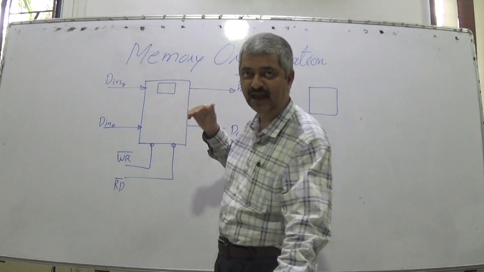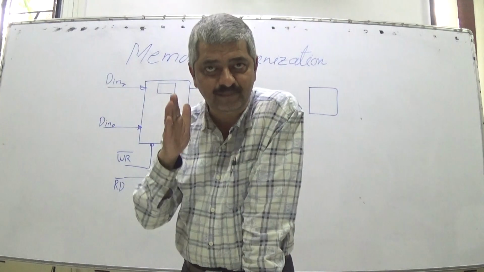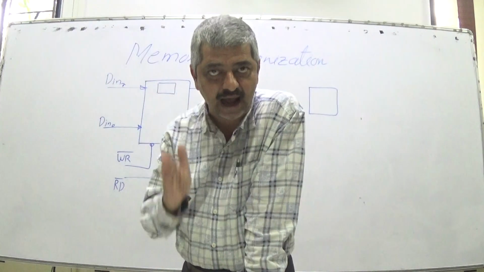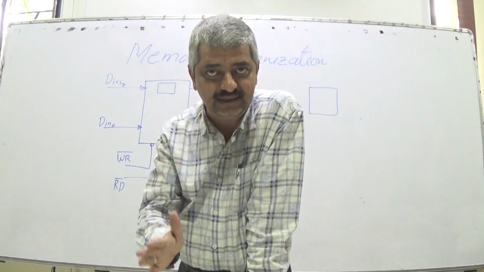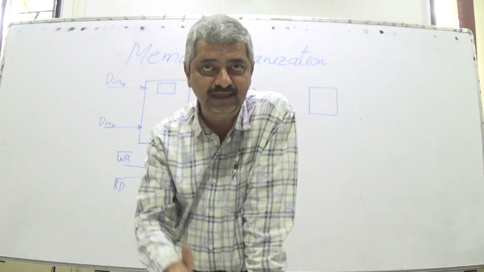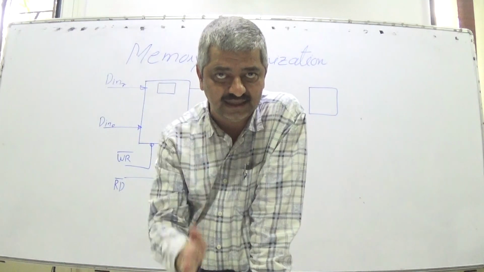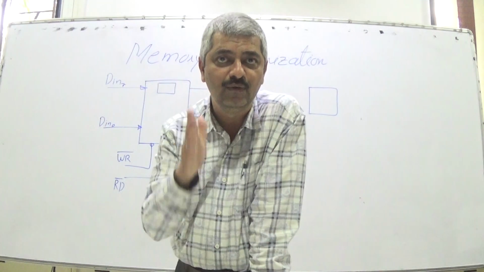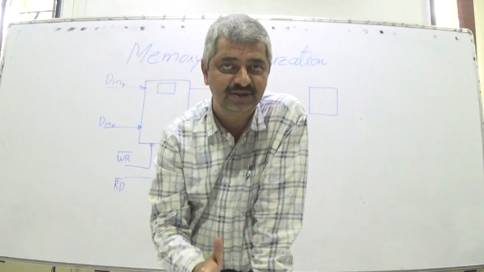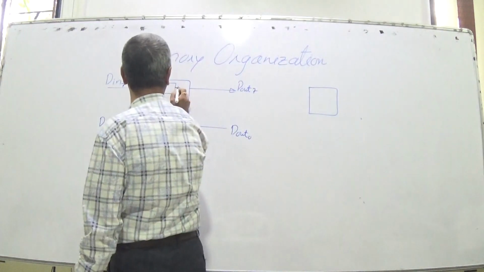So at the rising edge of the write bar pulse, whatever is the status of the D in lines is stored in the flip-flops inside the single byte memory cell. It is stored inside and it is available here.